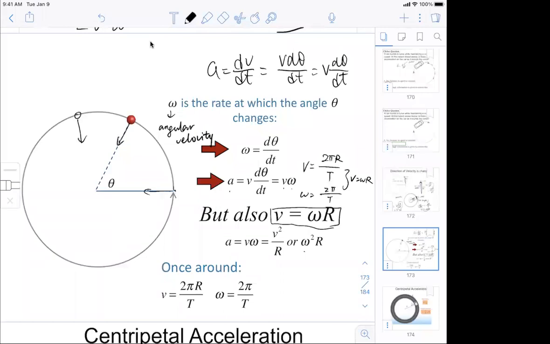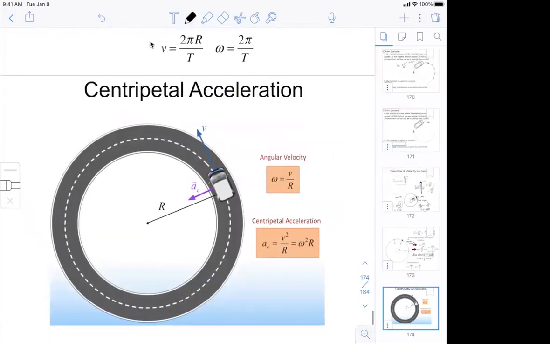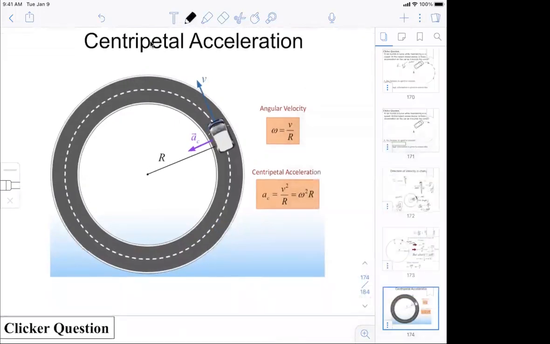If it's always pointing toward the center, this acceleration will only change the direction of your velocity, but not the magnitude of your velocity. So you can use a subscript a, subscript c to represent it, which is v squared over r, okay?